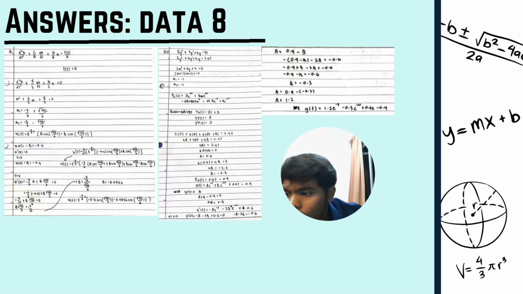We continue until we get b equals negative 0.3 and a equals 1.2. Then we put it in equation y(t), so we're going to get 1.2 e to the negative t minus 0.3 e to the negative 2t plus 0.6t minus 0.9.